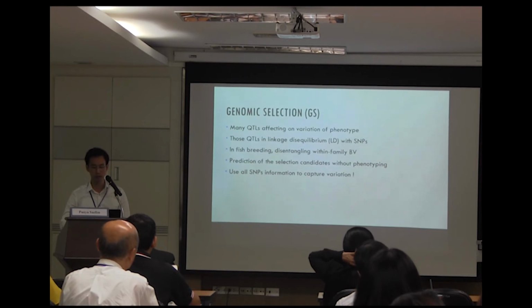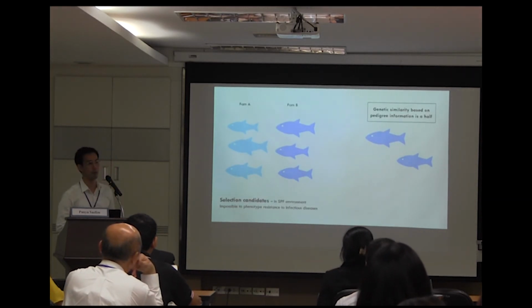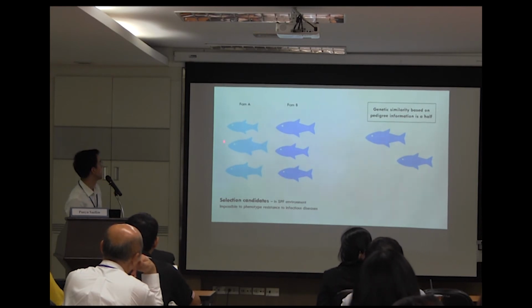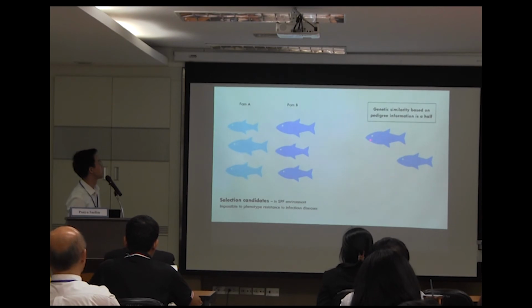The way to do that is, you consider this. Suppose that you have two families, this family and this family. They are in an environment that is disease free, and it's impossible to phenotype them. If you consider animals from the same family, they must have genetic similarity between them.